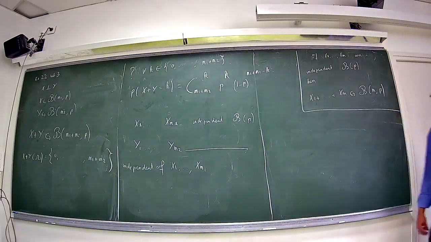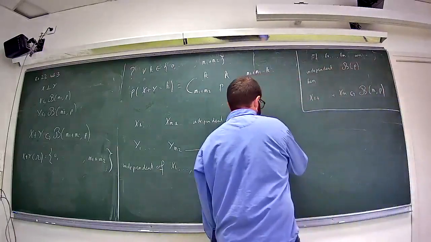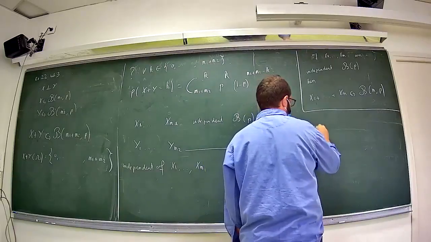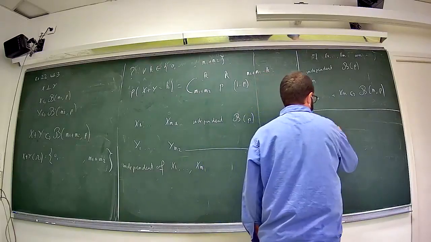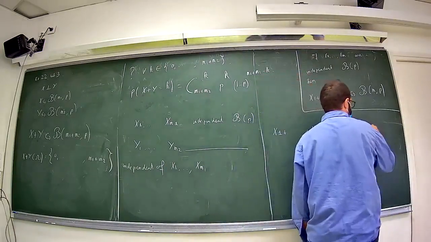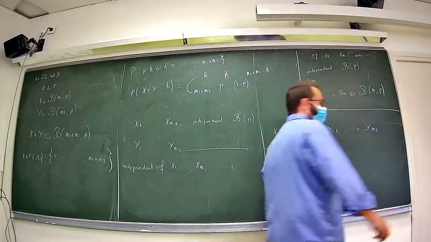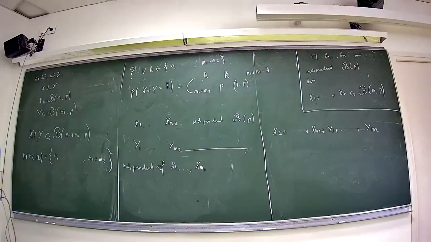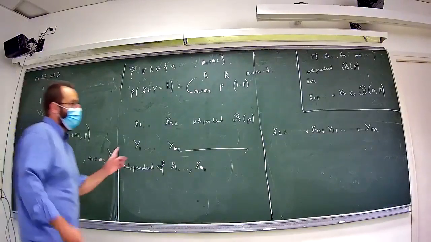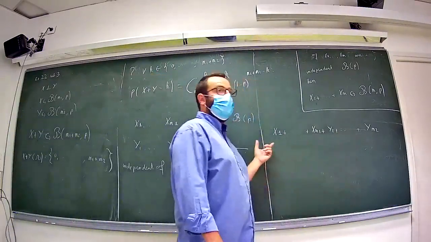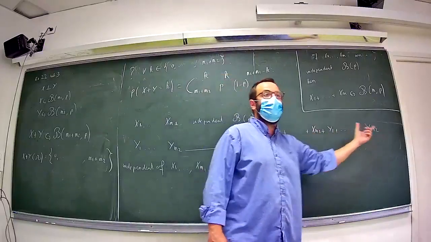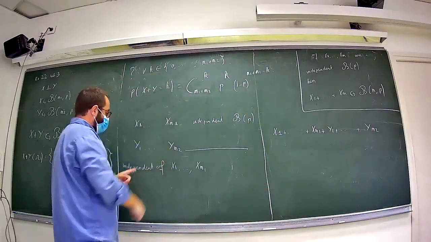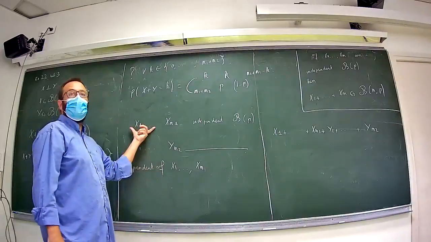I can write the following: X1 plus ... plus X_n1 plus Y1 plus ... plus Y_n2, that can be expressed in two ways. Here you have independent random variables, from the fact that the X are independent, the Y are independent, and that these ones are independent of the previous ones.